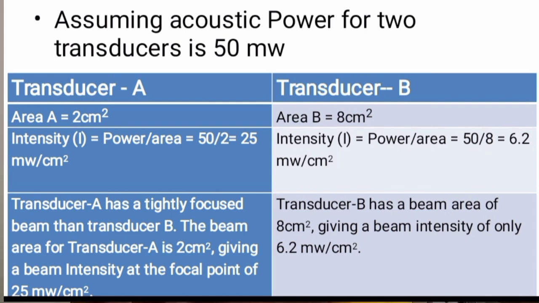Then for transducer B, it will be 50 divided by 8, which gives 6.2 milliwatts over centimeter squared. So transducer A has a more tightly focused beam than transducer B. The beam area for transducer A is 2 centimeters squared, giving a beam intensity at the focal point of 25 milliwatts per centimeter squared. And transducer B has a beam area of 8 centimeters squared, giving a beam intensity of 6.2.